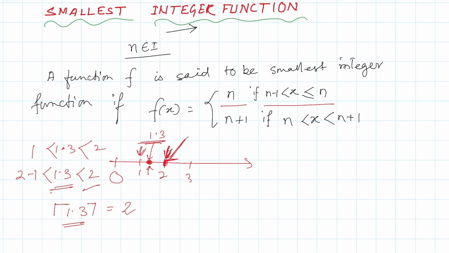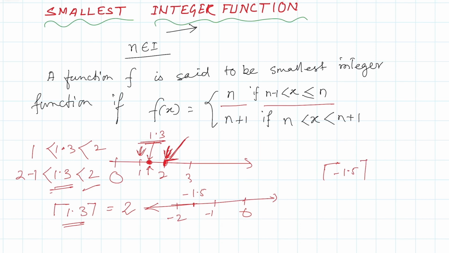Suppose we have another number. Suppose this is 0, this is minus 1, this is minus 2, and we have minus 1.5. Then the ceiling function of minus 1.5 will be what?